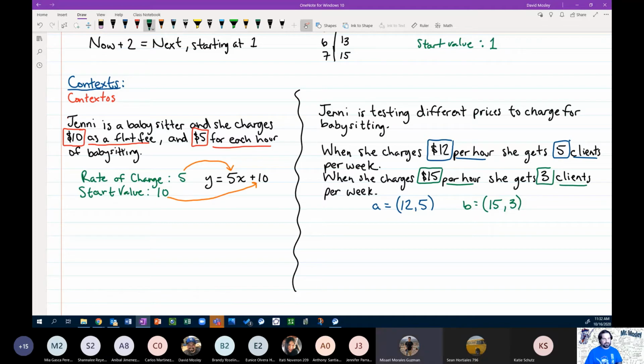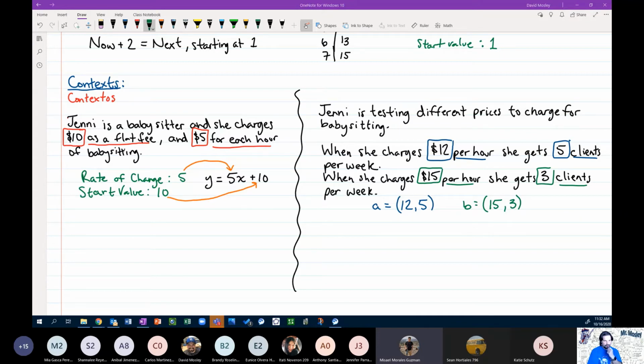I think, Ms. Morales, you were going to help any jump on that. Estos números, por ejemplo, dice when she charges 12 per hour, cuando Jenny, la niñera, cobra $12 por hora, ella tiene 5 clientes por semana. Y cuando cobra $15 por hora, ella tiene 3 clientes por semana. Entonces estamos viendo un cambio aquí, lo cual nos ayuda a obtener las coordenadas. El maestro nos dice que la A, en la primera oración, es 12,5, es la primera coordenada.